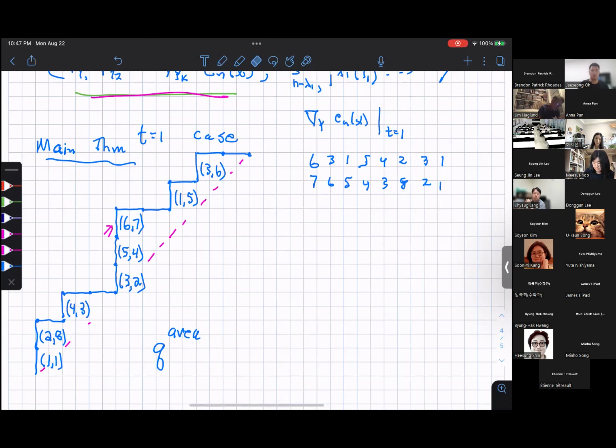For the X's, I'm just going to use the normal X weight. So there's 2 1s in that top sequence.